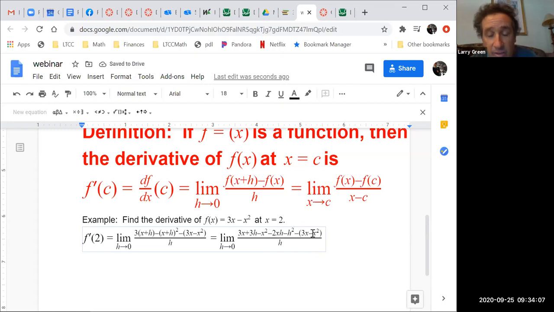The minus 3x minus x squared becomes minus 3x plus x squared. Multiplying the negative through. Any questions so far?